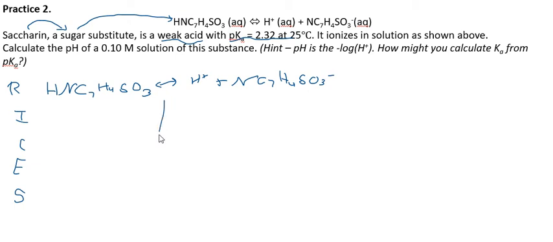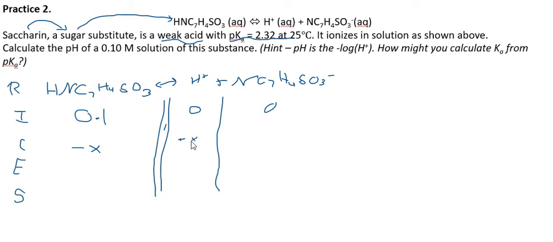My initial concentration of saccharin is going to be 0.1. We're going to assume that the initial concentration of H plus and the conjugate base are 0. Again, there are no products present initially, so the reaction can only shift right. So this is going to change by minus x, while these change by plus x.